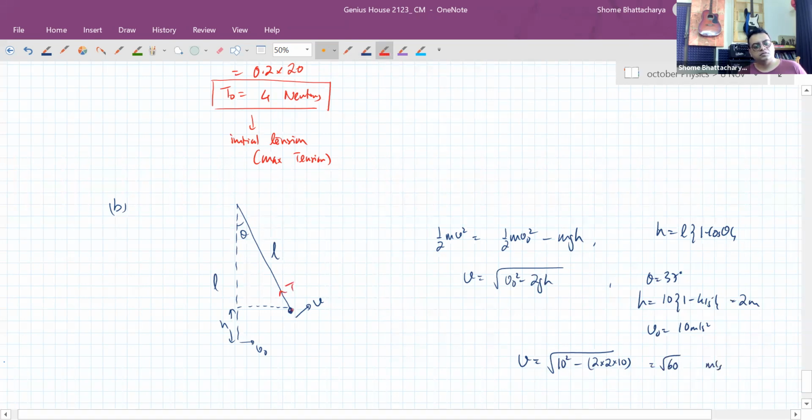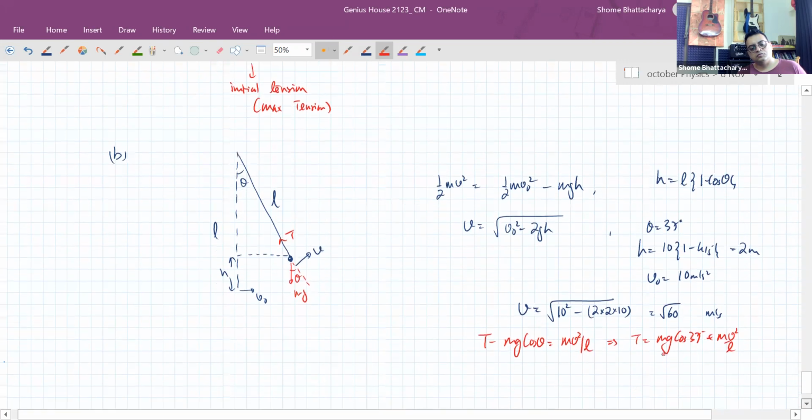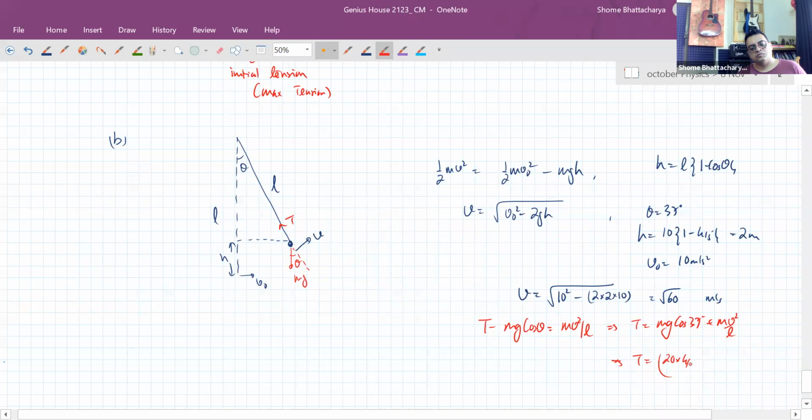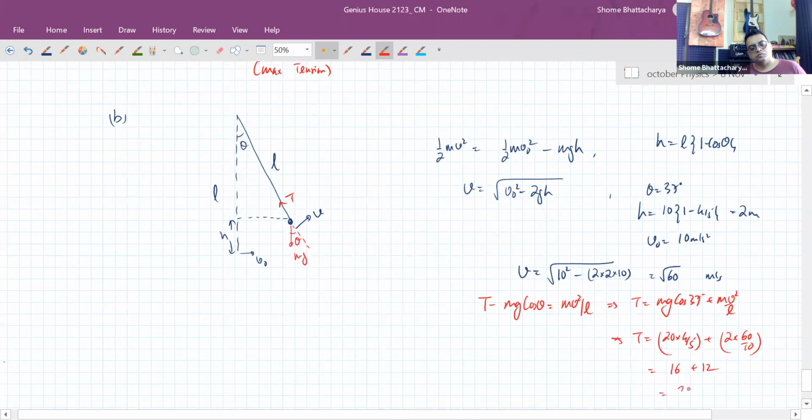So now tension will be such that 0.2. Weight is 2 newtons.